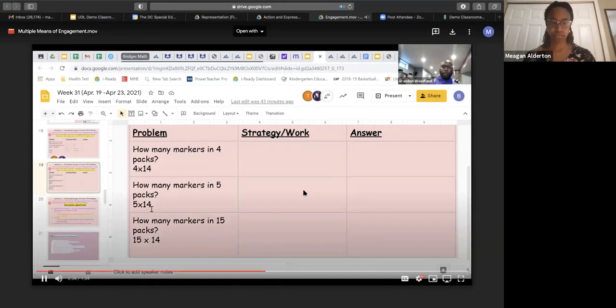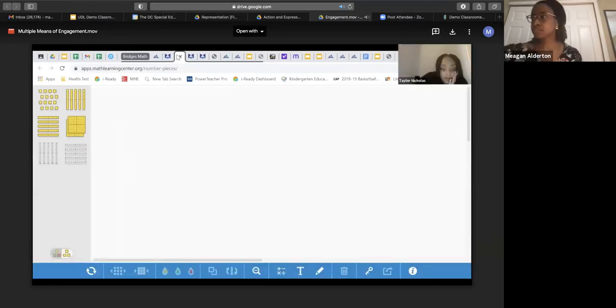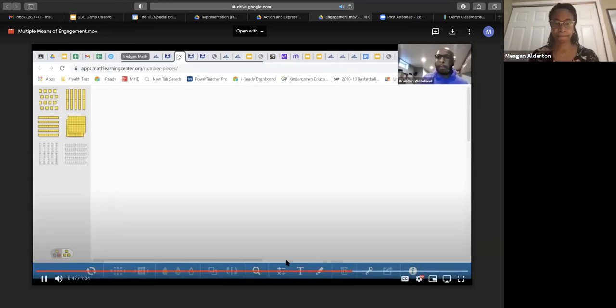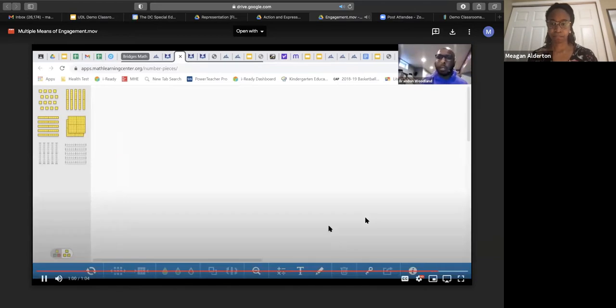If you're choosing area model, you're going to use this app right here. I'll send the link in the chat for you to create your visual. Okay. And there we go. Are there any questions? All right, please go ahead and put in the chat which strategy you are deciding to use.